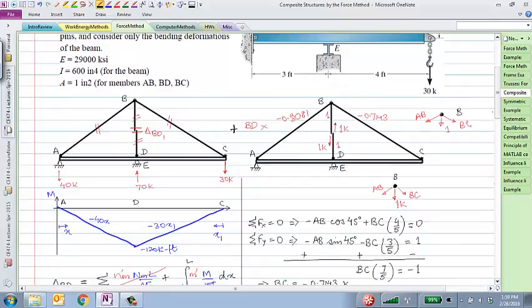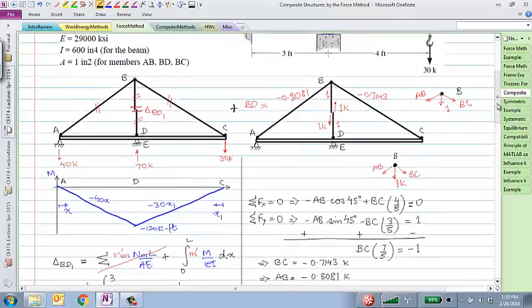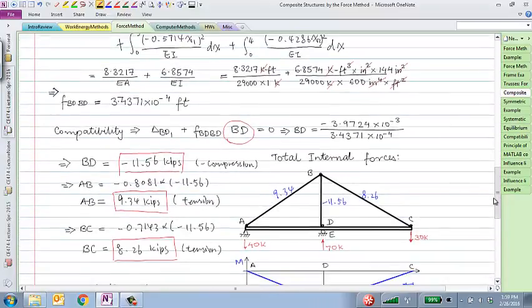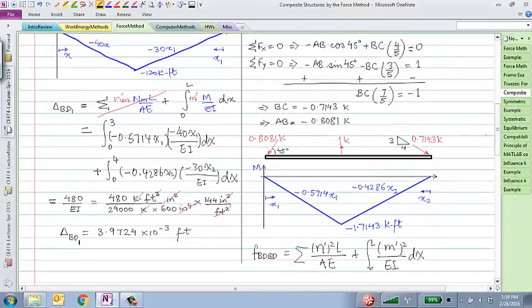But BD is not 0. BD is whatever 11 point something that we found, minus 11 point something. If I multiply this by minus 11 point whatever and add it to that number, that's where I get 100.18. So we are taking the real system plus the correct value of BD times the redundant system, add them together, and we get the bending moment diagram.